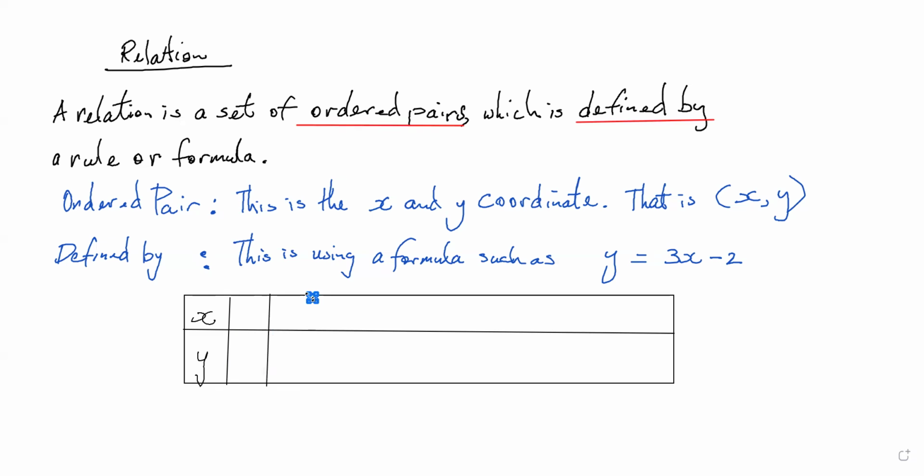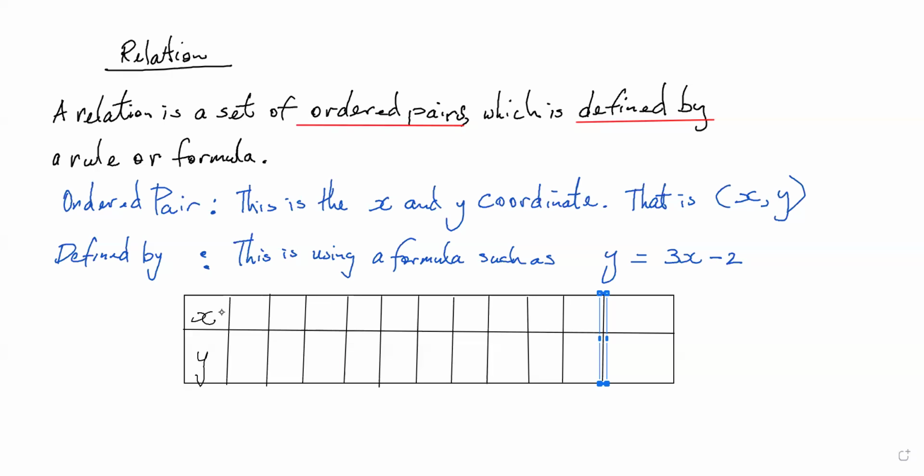-4, -3, -2, -1, 0, 1, 2, 3, 4, 5. Right?